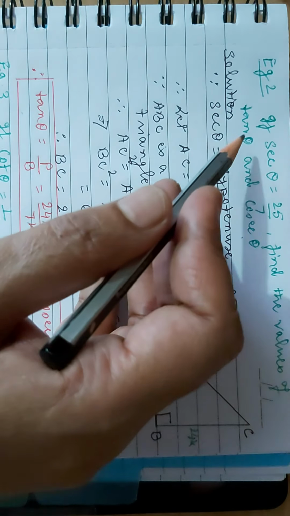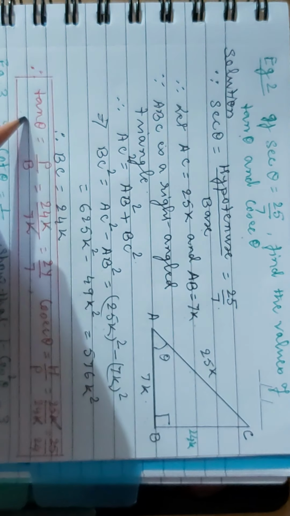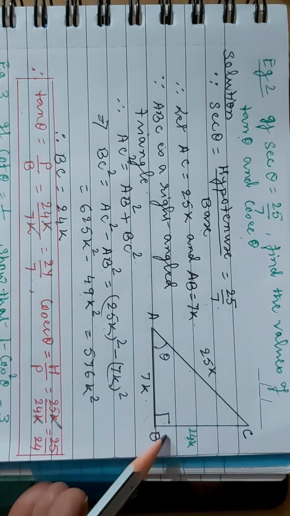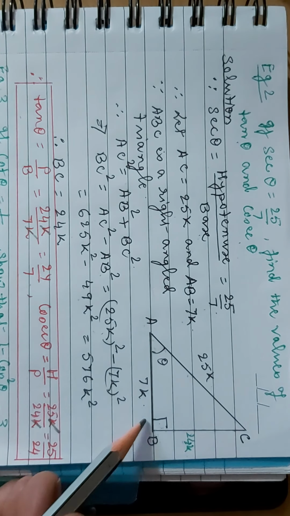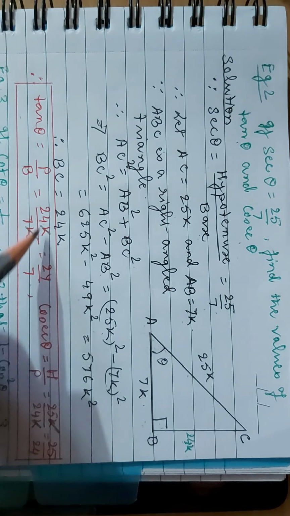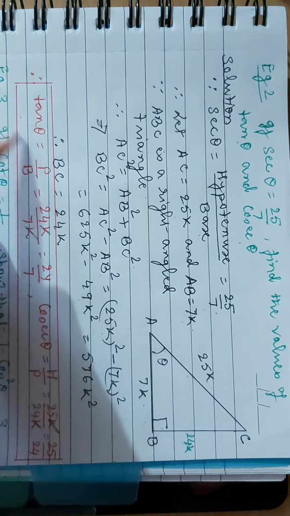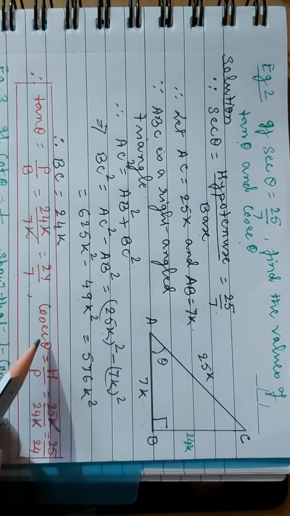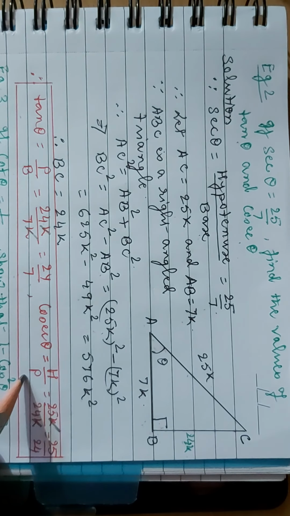Now we have to find tan theta. We know that tan theta is perpendicular upon base. So perpendicular is 24k and the base is 7k. So 24k by 7k, then k cancels, so 24 by 7. The value of tan theta will be 24 by 7. Similarly, cosec theta is hypotenuse upon perpendicular.